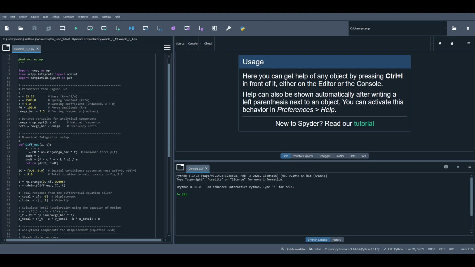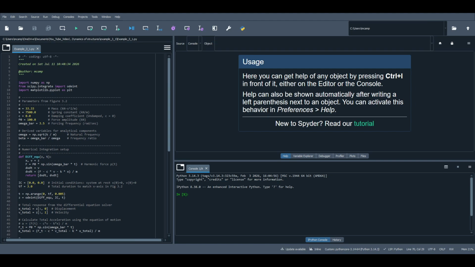We can see here the Python code. We can see line by line this code. Lines 8, 9 and 10 are the import of libraries.